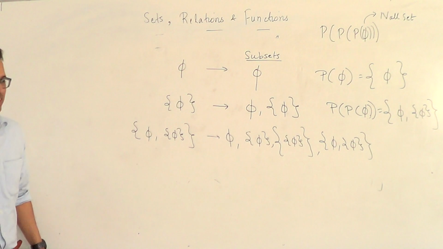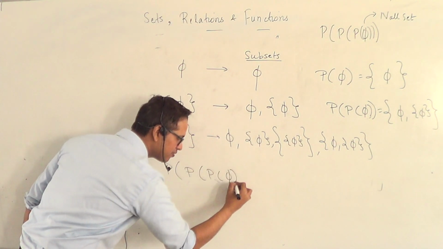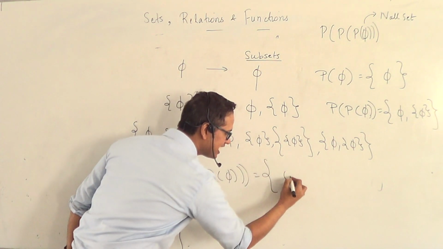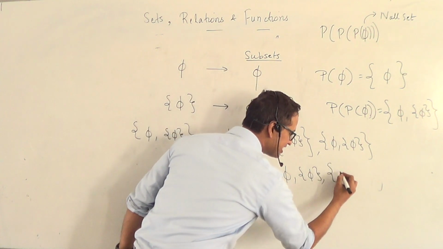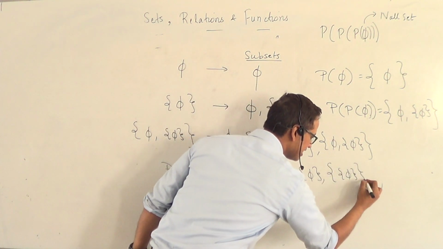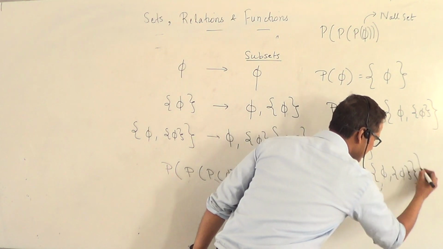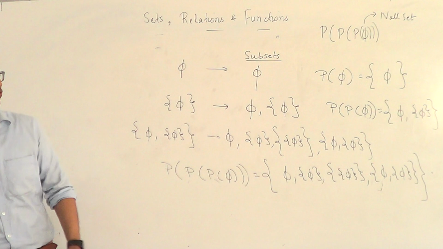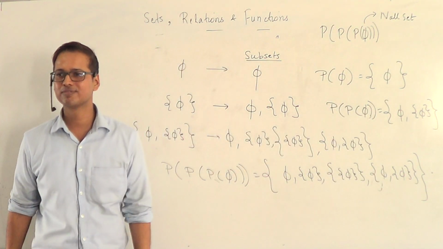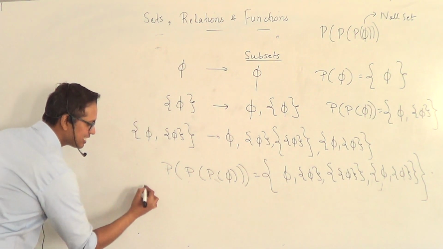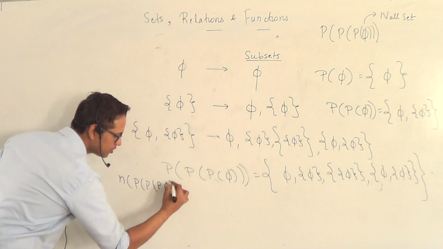Correct? So what is the power set of the power set of the power set of a null set? It will be a set containing the null set, a set with the null set, a set with a set having the null set, and a set with both. So 4 elements: 1, 2, 3, 4. So the cardinal value of this is going to be 4.